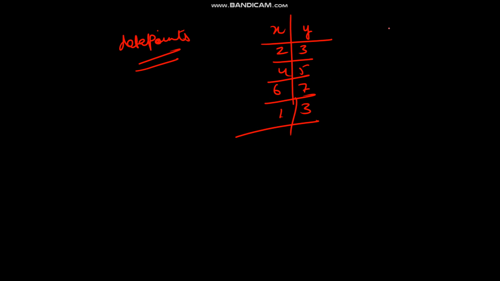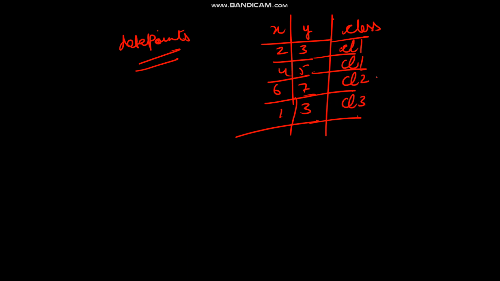Suppose I want to calculate the value for any of the classes, where a class is given. For example, suppose the x value is 2 and the y value is 3. Let us say this is class 1, this is class 1, this is class 2, this is class 3, and so on.